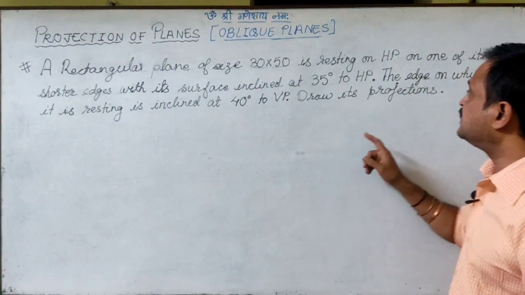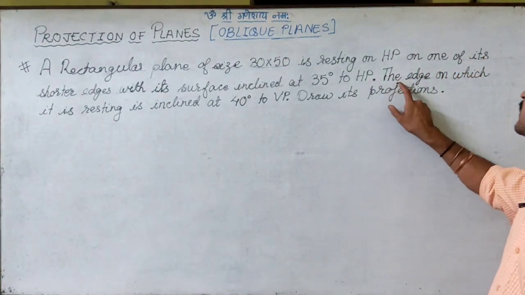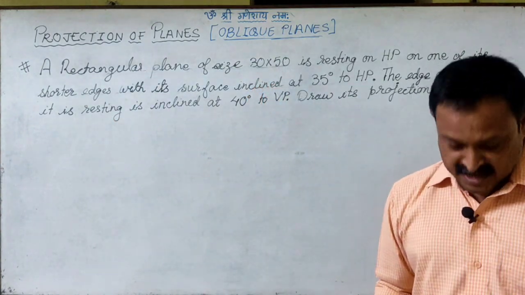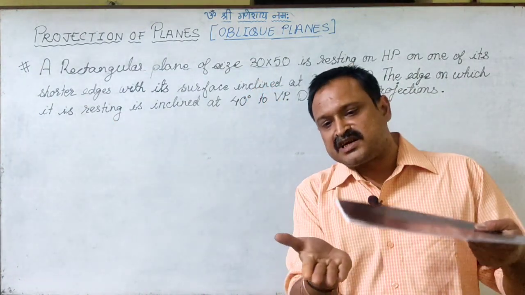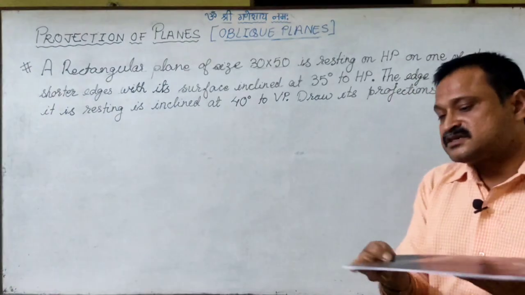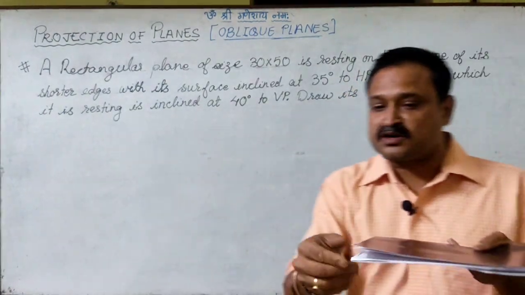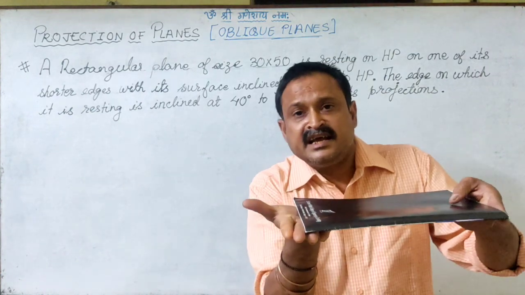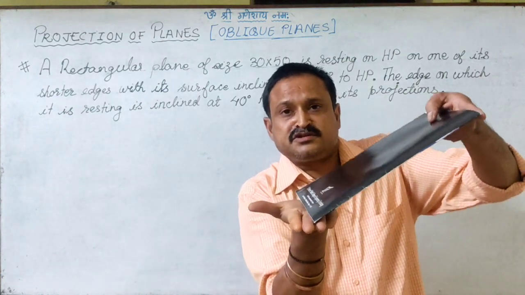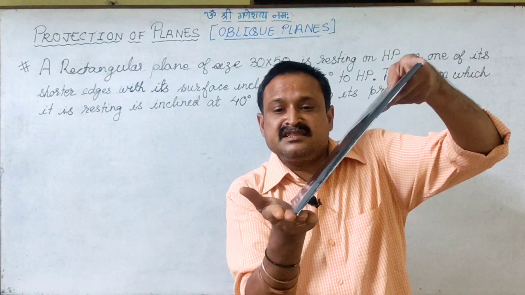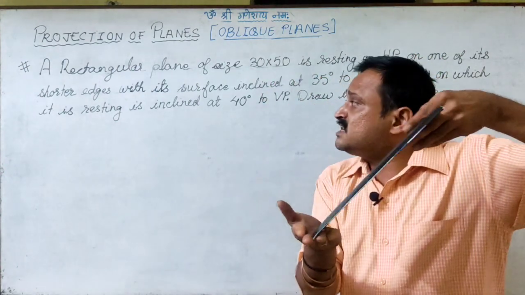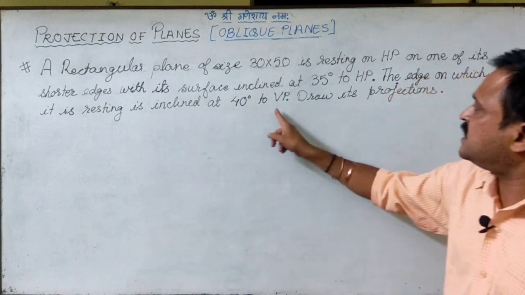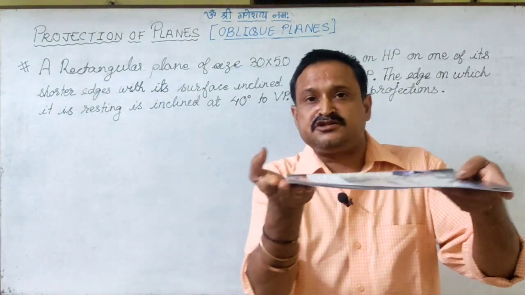Now the second inclination, how the statement goes: the edge on which it is resting. Let us say it is resting on this, it is already stated resting on a shorter edge, so I select this one as the shorter edge, and this shorter edge is inclined at 40 degrees to VP.